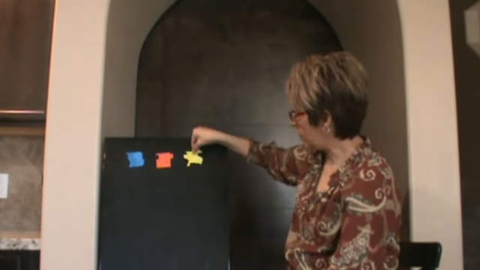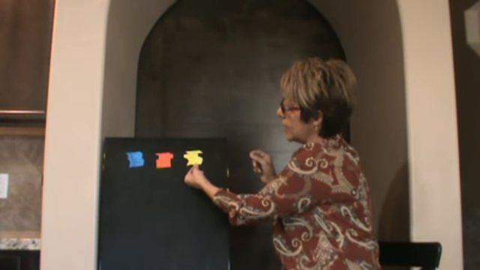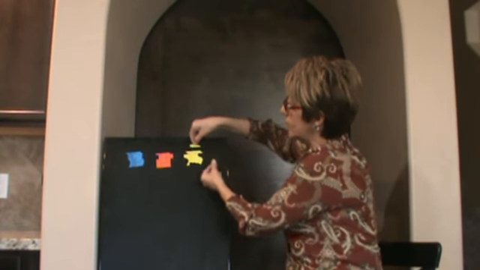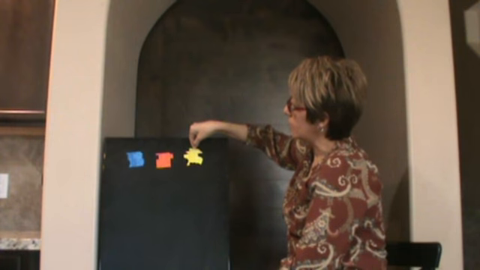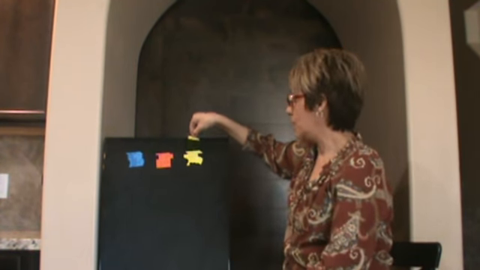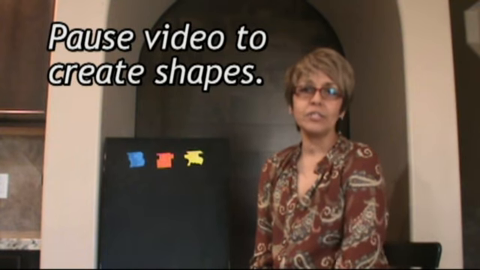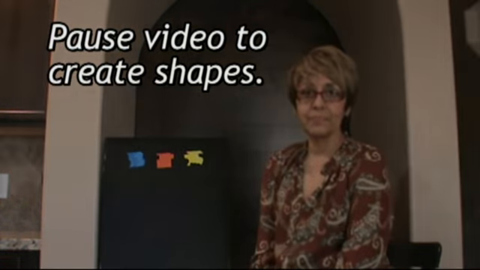Here's an example of one that I attempted. This was my second cut, which I can then slide across and tape to have another kind of non-regular shape, one created with two cuts. So take a few minutes right now and create for yourself a non-regular shape.